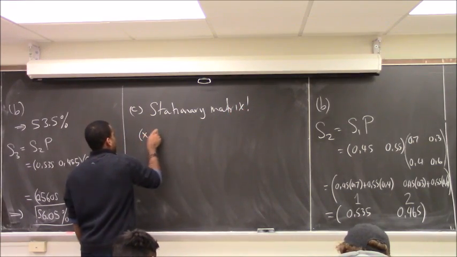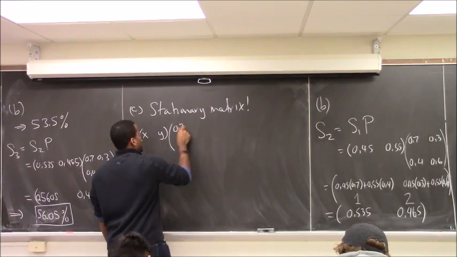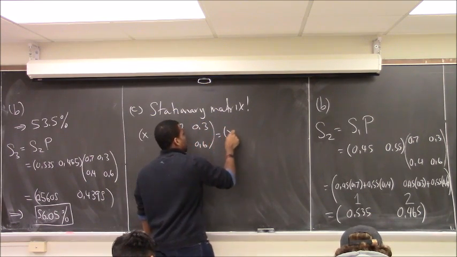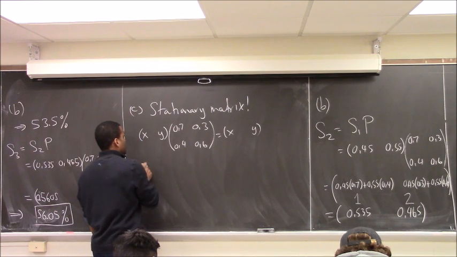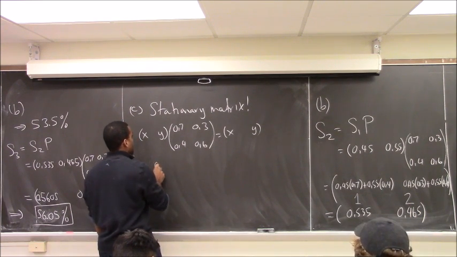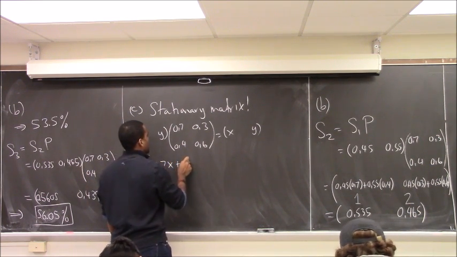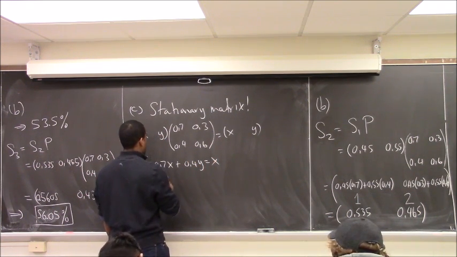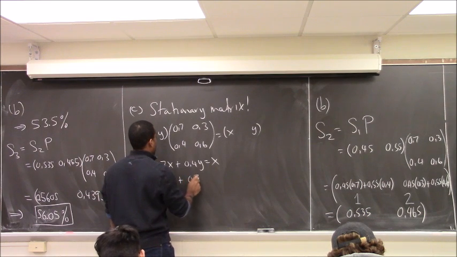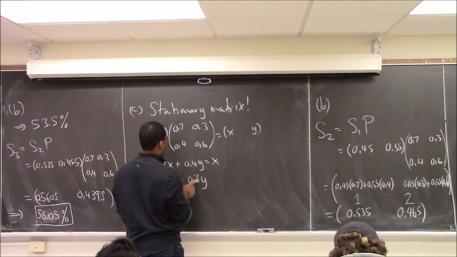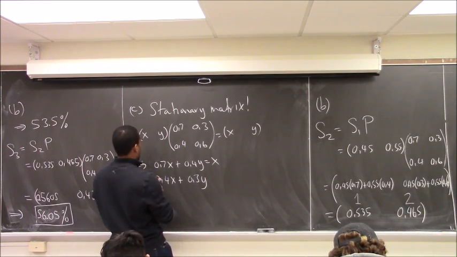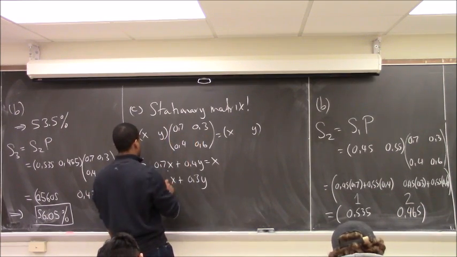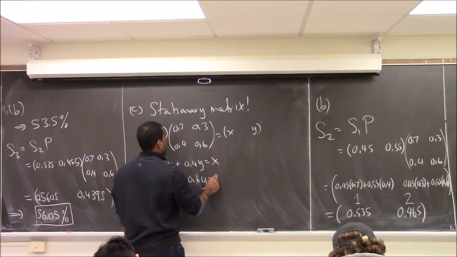So pretty much you're going to have x, y times 0.7, 0.3, 0.4, 0.6 equals x, y. This basically means 0.7x plus 0.4y equals x, and 0.3x plus 0.6y equals y.